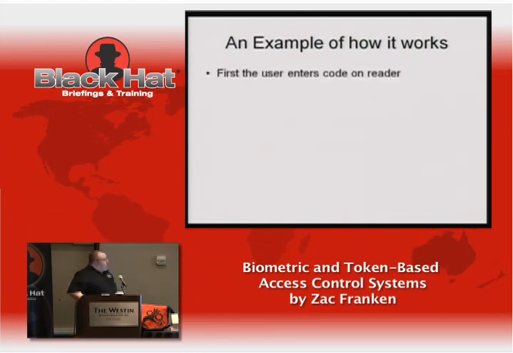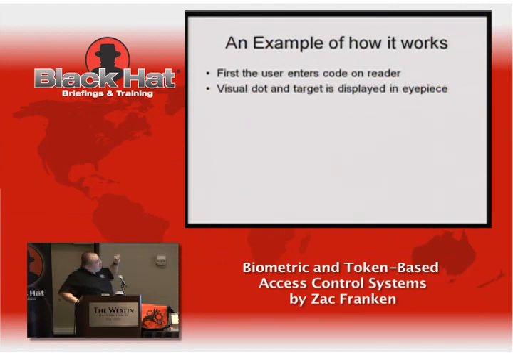So first of all, you walk up to the reader and you enter your code. Possibly, if you're me, take your glasses off. And you get a dot and a target displayed in the eyepiece. On the original devices, this was a little trail of dots that went off into infinity, and you'd scooch around so you could only see a single one.